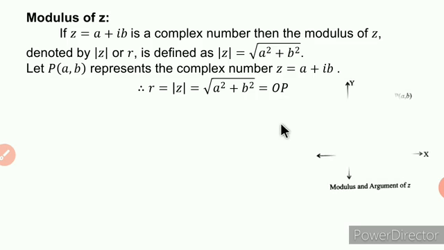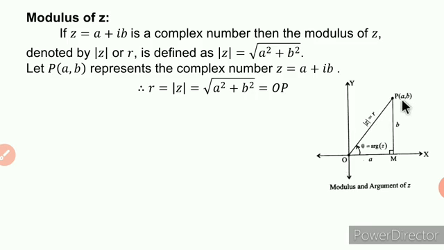If we see here the figure, we observe the figure in this way. So obviously the distance OP is the mod z, means the distance of the point P from the origin is called as the modulus of complex number, and it is denoted by r.